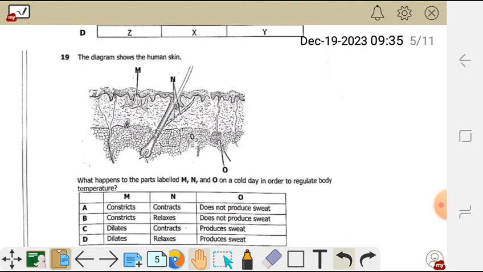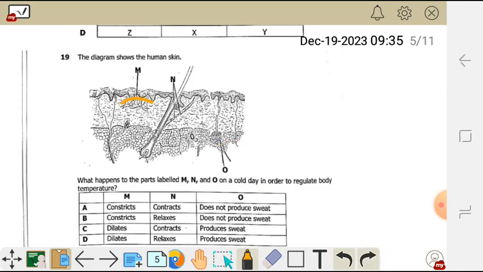Question 19. The diagram shows the human skin. So this is a human skin. What happens to the parts labeled M, N, and O on a cold day in order to regulate body temperature? So let's first identify these parts.